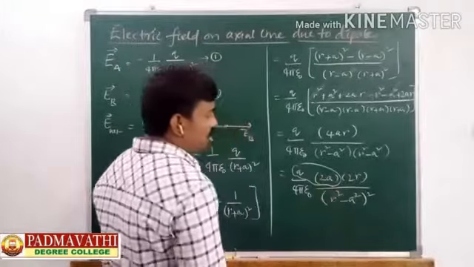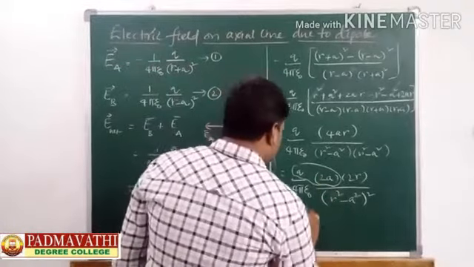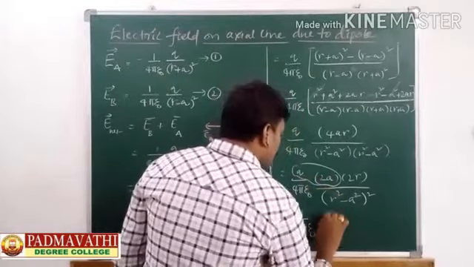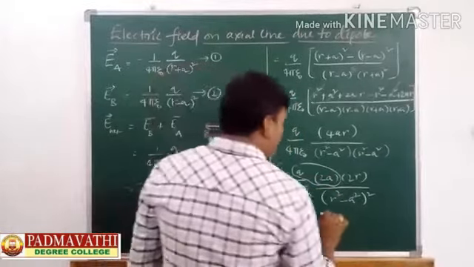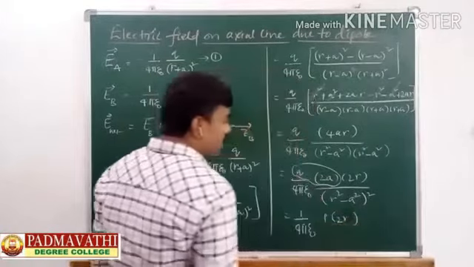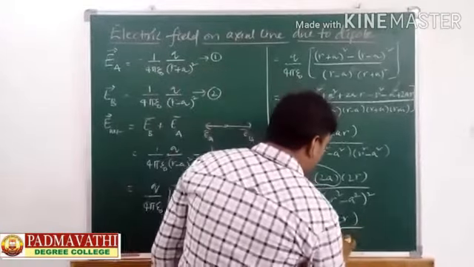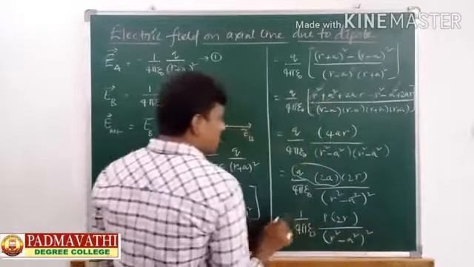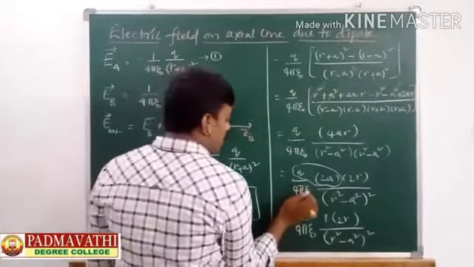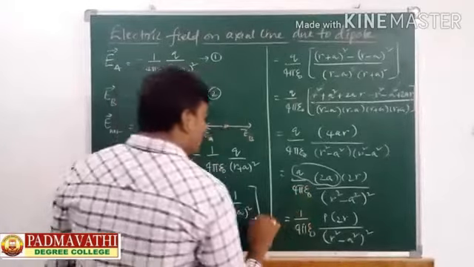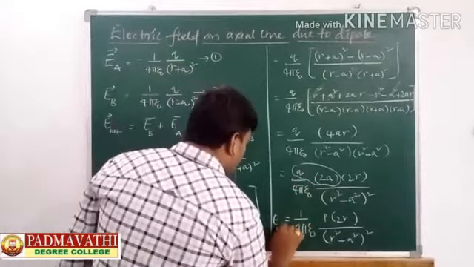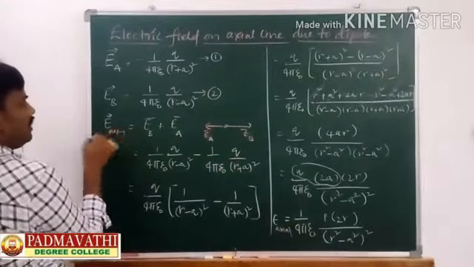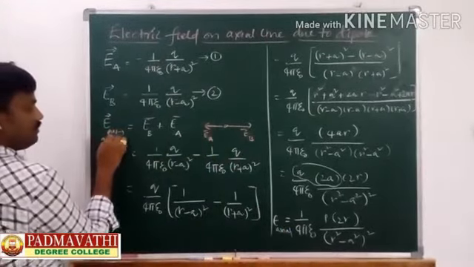So then we can write it as 1 by 4 pi epsilon naught, Q into 2A is nothing but P, into, again we are left with 2R divided by (R square minus A square) whole square. So this is E axial, or otherwise E net.